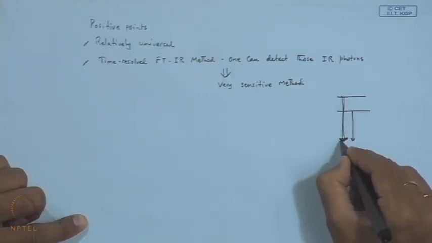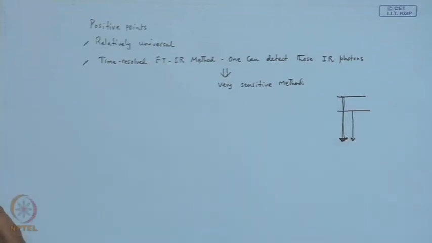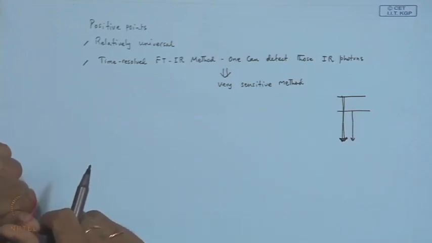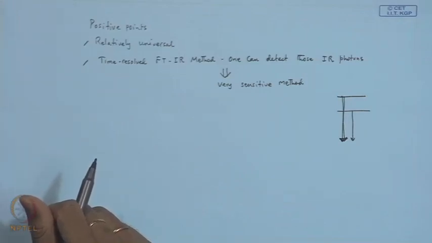So from the intensity distribution, you can get the idea of the population of this level. So that is one important technique, infrared chemiluminescence. We can probe the internal state population.